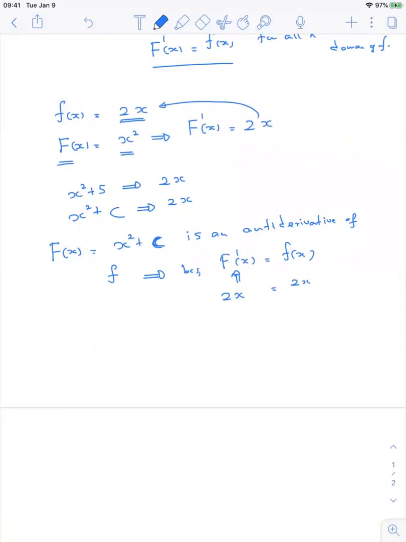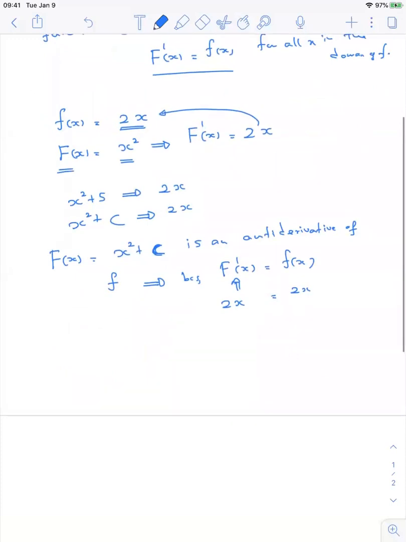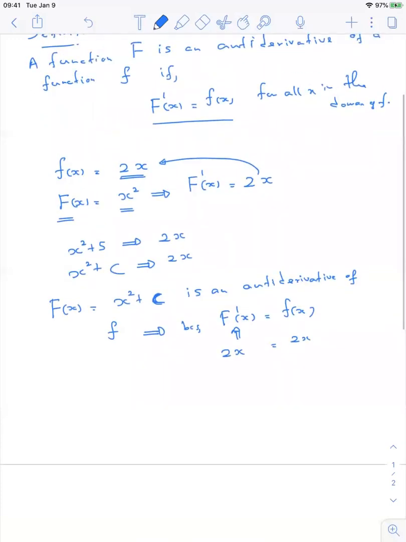The important thing here is that it is not only x squared: when you differentiate x squared you get 2x, but even if you add a constant to the x squared and differentiate, you still get the same answer, 2x.